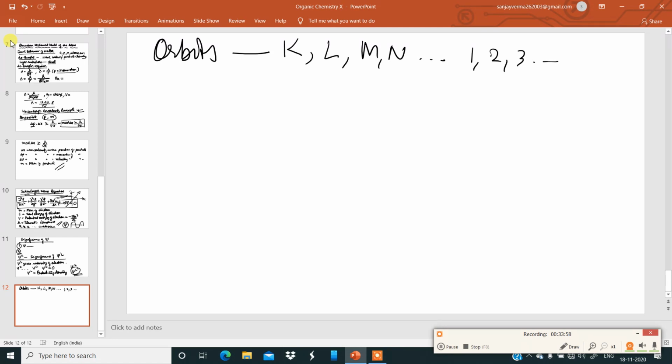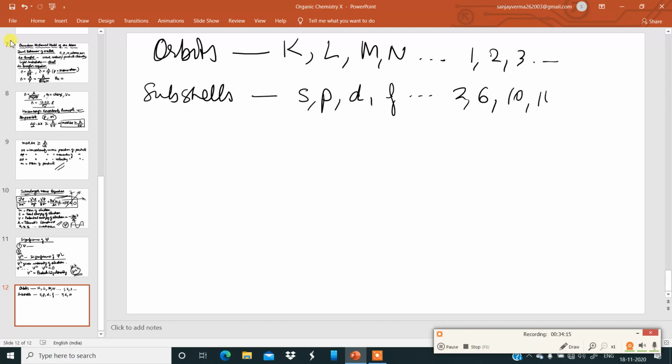When we talk about subshells, then we have alphabets S, P, D, F, etc., which have 2, 6, 10, 14 electrons respectively. Okay, these are subshells, you can see.